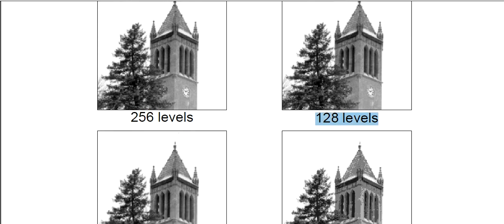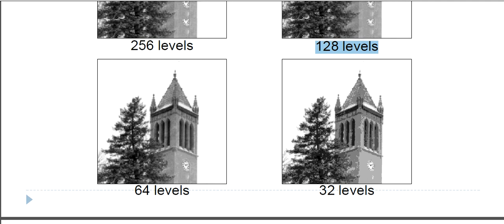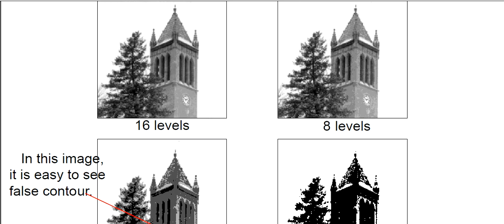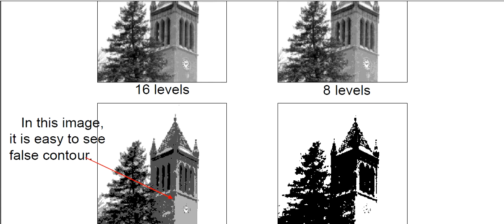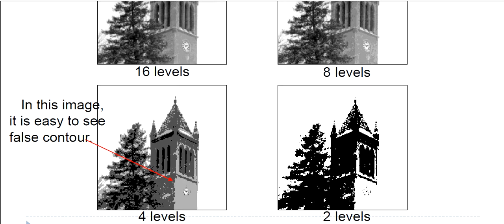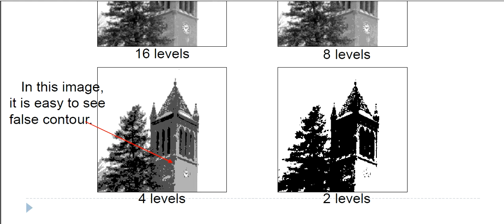You all know that. Just find the power of 2, and that power will be the number of bits. Then this is 64 levels, then 32 levels, then 16 levels, then 8 levels, and this is 4 levels. In this image it is easy to see the false color. And this is the 2 level, which is 0 and 1.